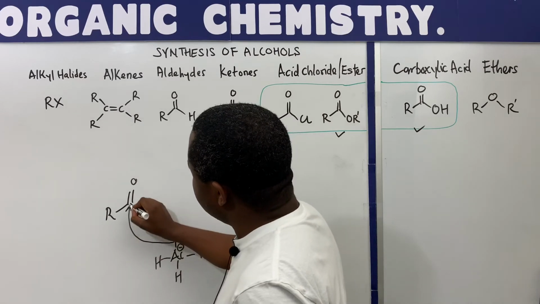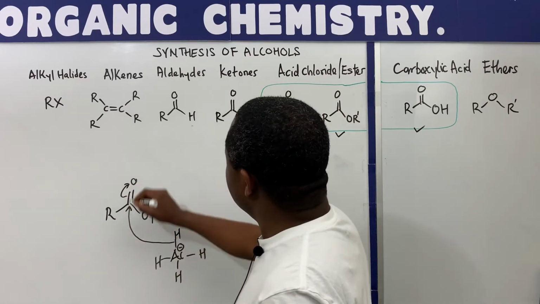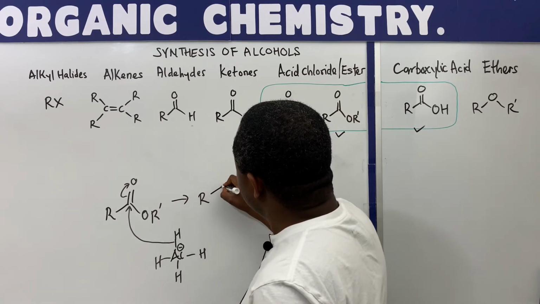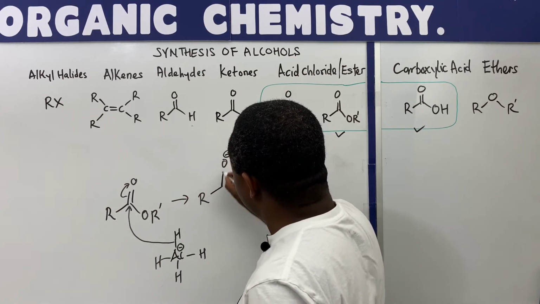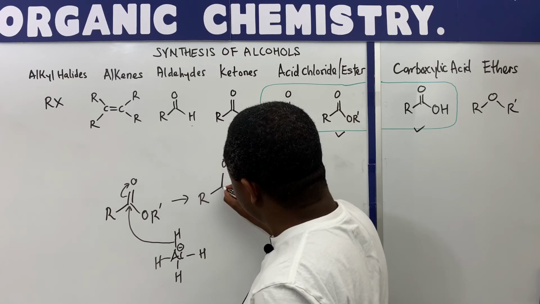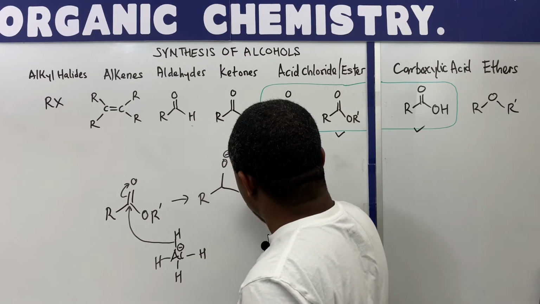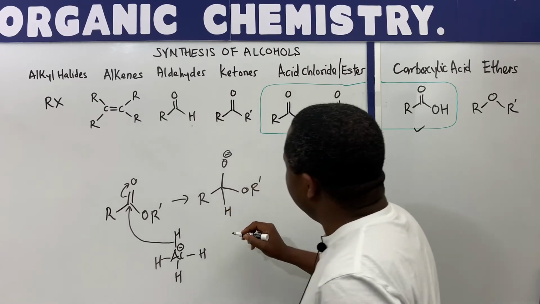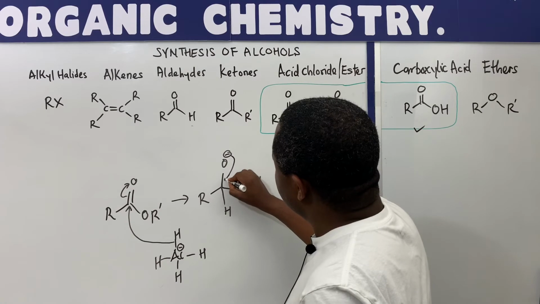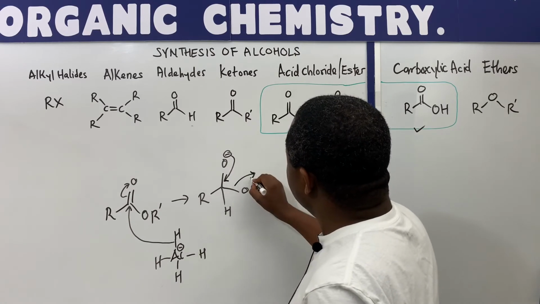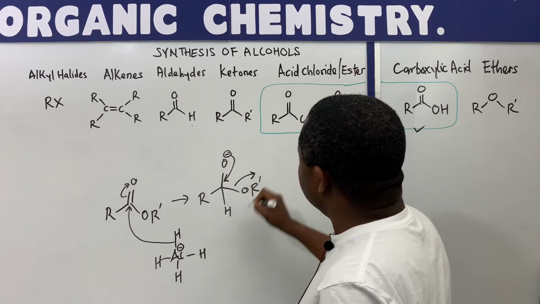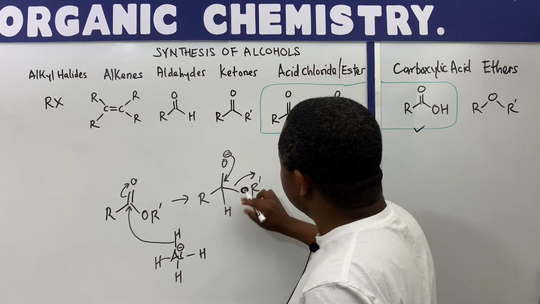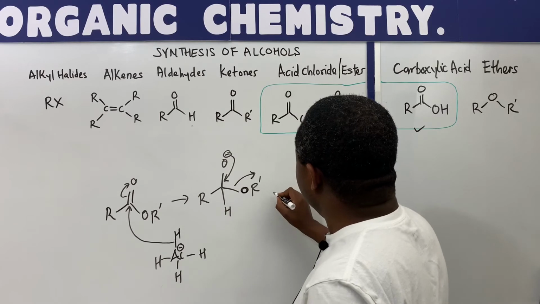It's going to attack here, and this is going to go to the oxygen, and then we're going to have this intermediate with the hydrogen here. And so this is going to come back, and then we're going to have this as a leaving group. The OR is going to leave, so that we're going to have this.